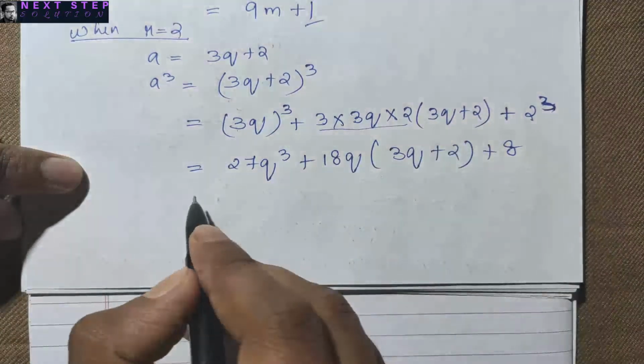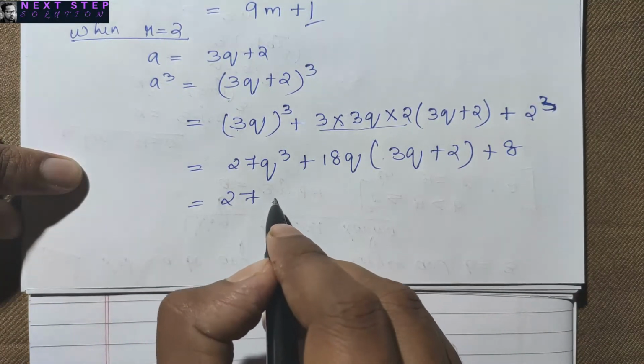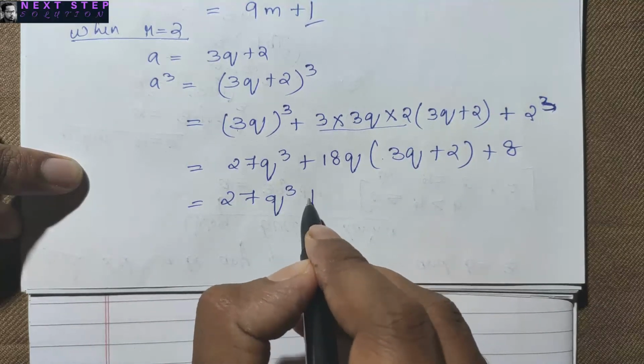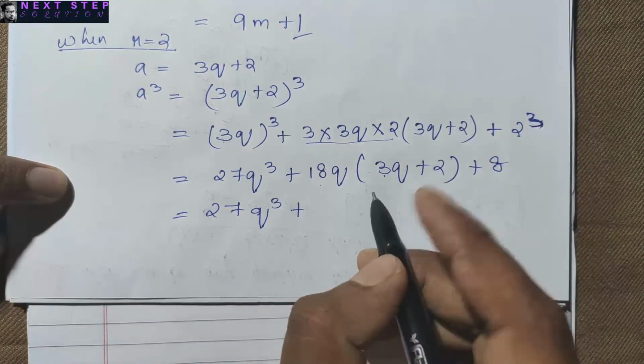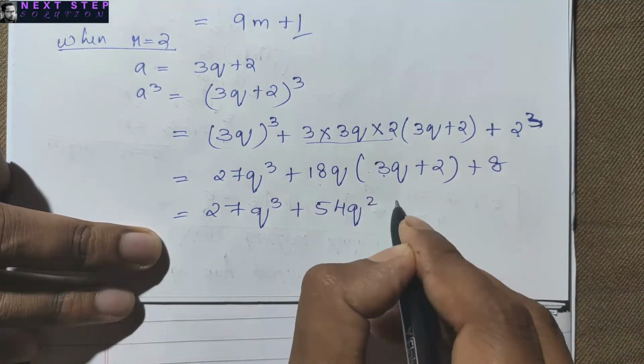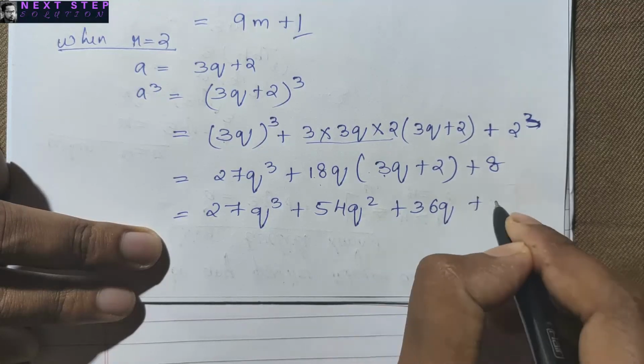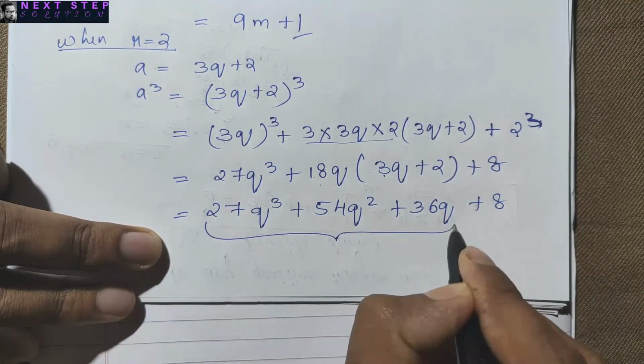Now again we need to remove this bracket. 27 q cube plus 18 multiplied with 3q, 18 3s are 54, so it will become 54 q square plus 18 into 2 is 36 q plus 8. Now from here till this much we can take 9 as common.